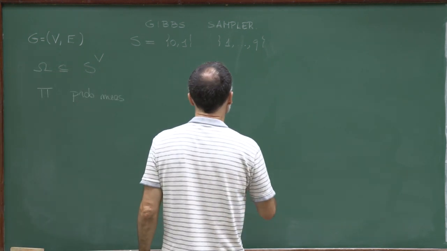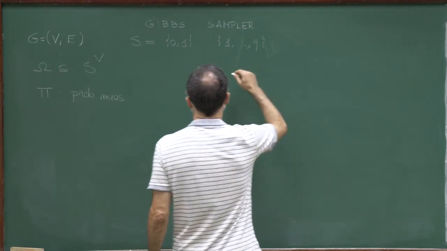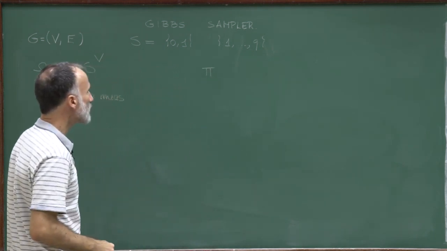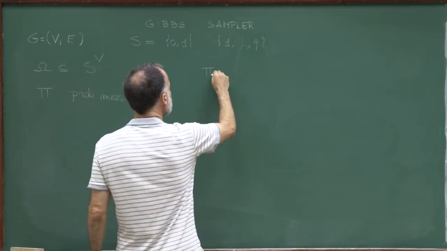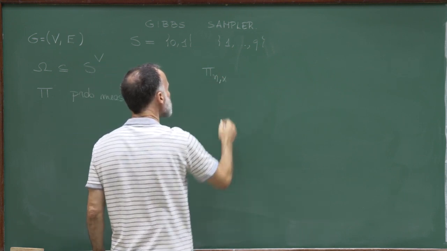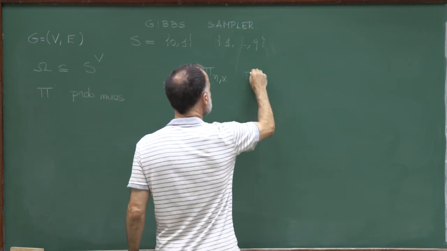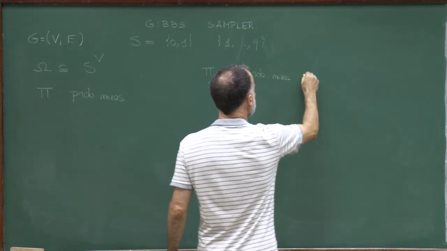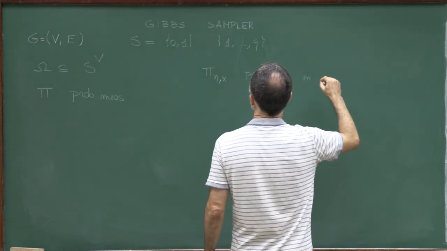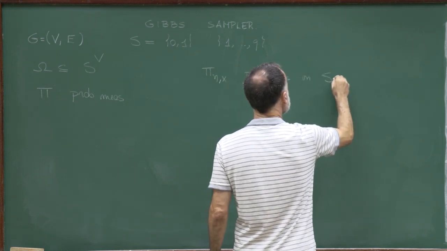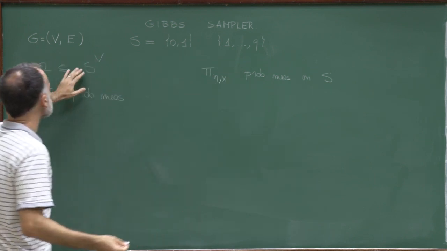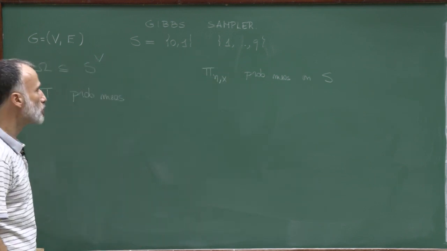For that, I will need a notation, so I will represent by pi eta x a probability measure on the set S. So either 0, 1, or 1 to q, or your finite set on which you are working.